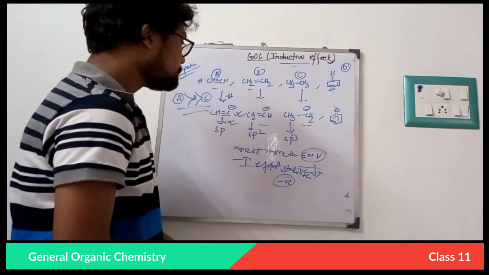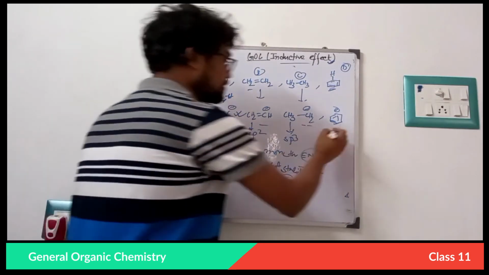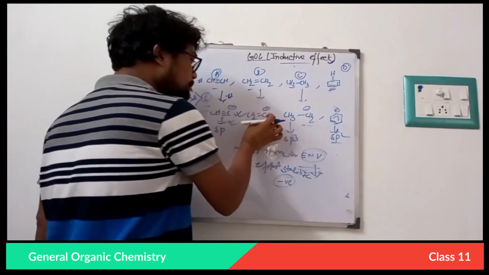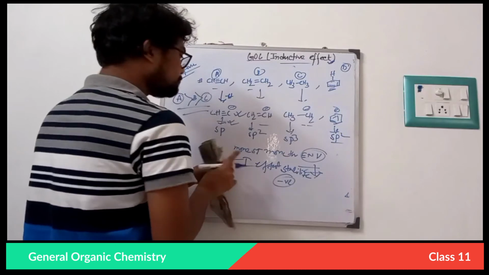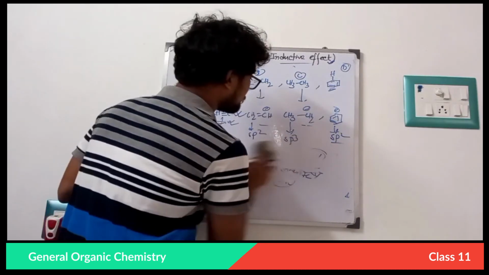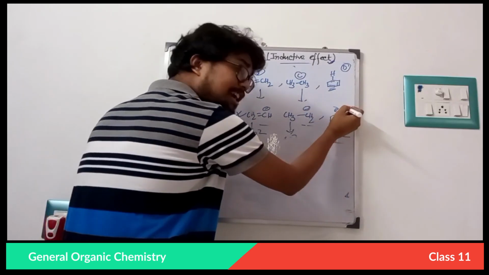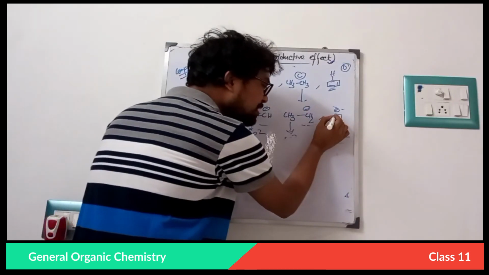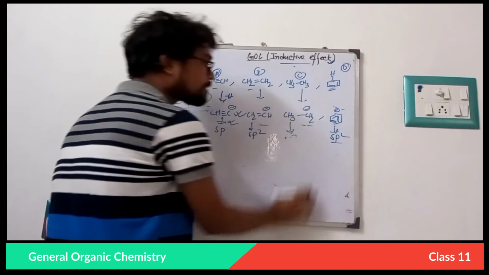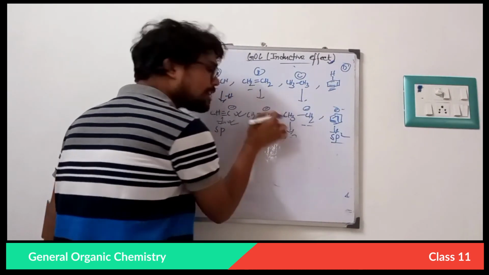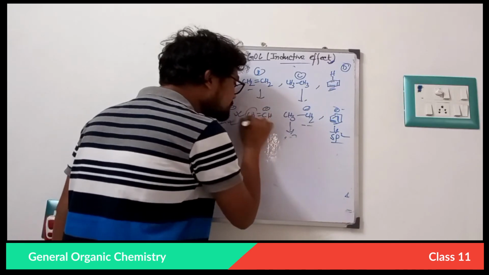Fine. But here is a contradiction. This is also sp2 hybridized. Now I am comparing this one and this one only. Here the negative charge ion is attached with 3 sp2 atoms, but in this case the negative charge is attached with only one sp2 atom.